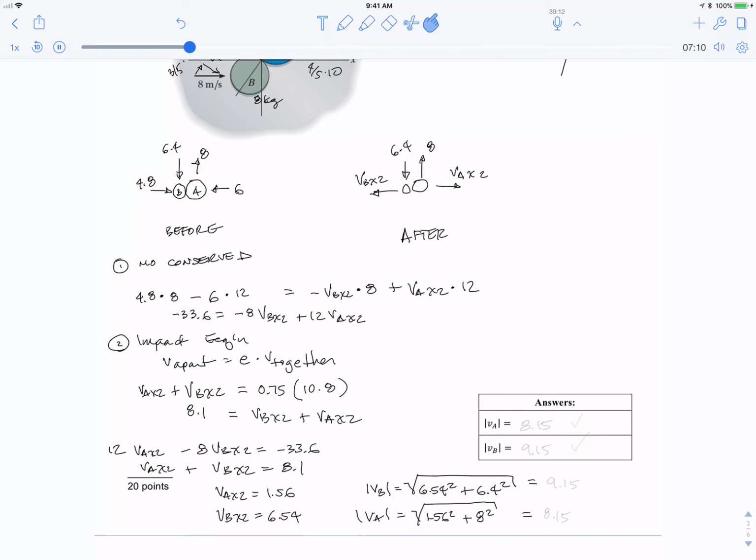I get 9.15 for the total velocity of B, and 8.15 for the total velocity of A. I'll write that in there. I'll go double check with the solution in a little bit. So, hooray, I got both of those correct. In this problem, there's a typo. It says the system is at rest.